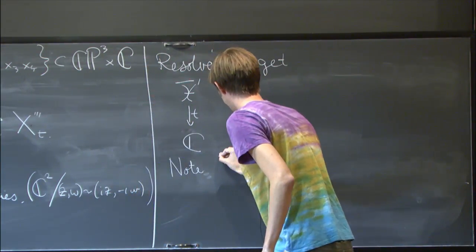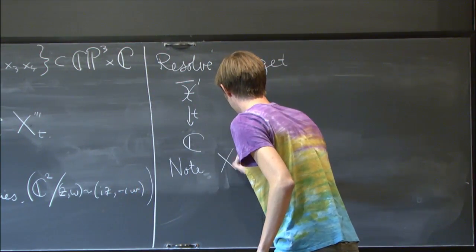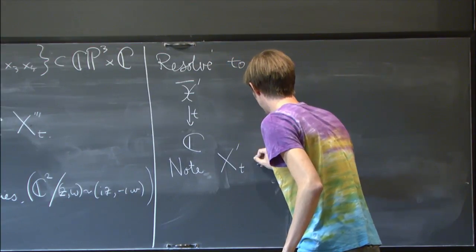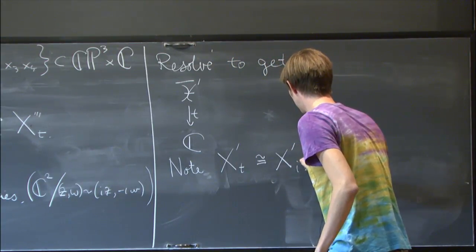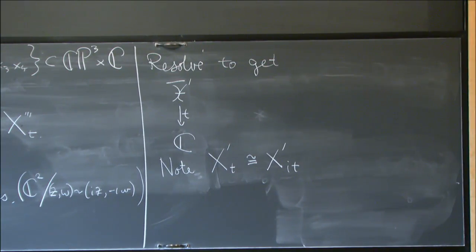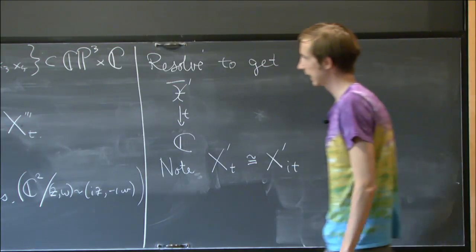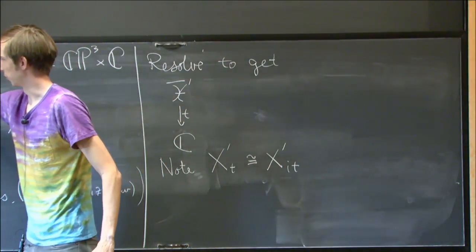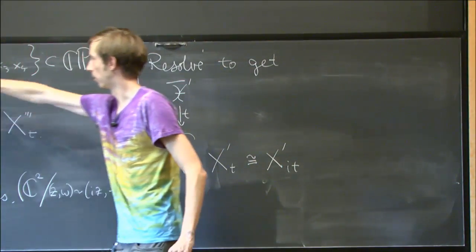Now we note that if we multiply T by i, there's a natural way of making the T fiber isomorphic to the iT fiber. Basically, that comes from looking at the action of this group on the total space.